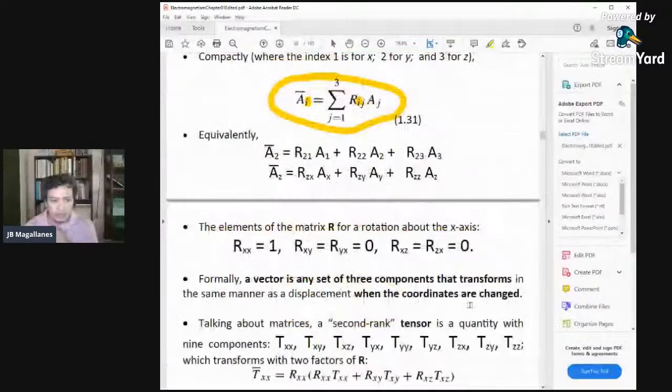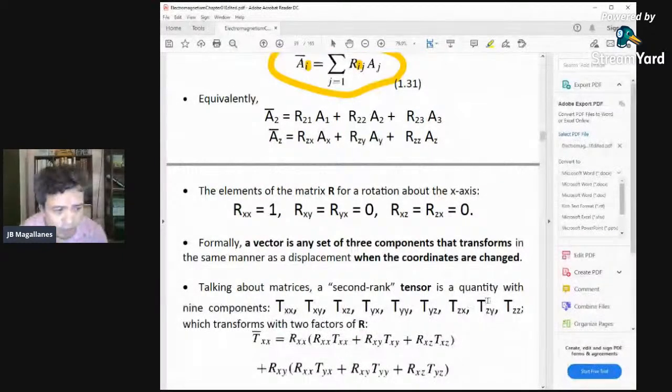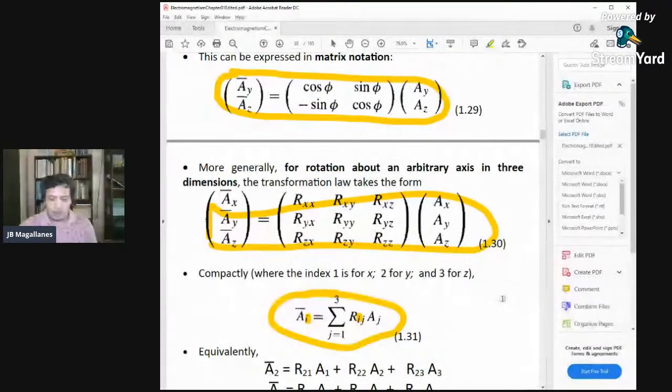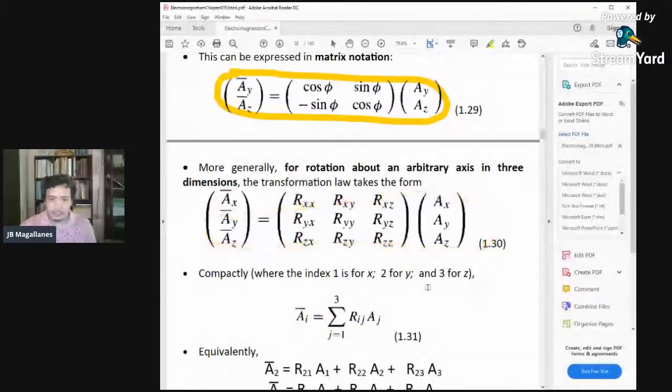So if you want to transform a vector to another coordinate frame, you should be able to find this matrix.